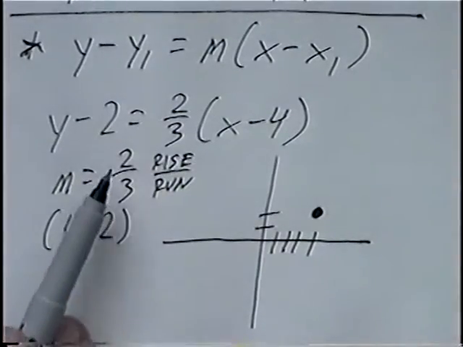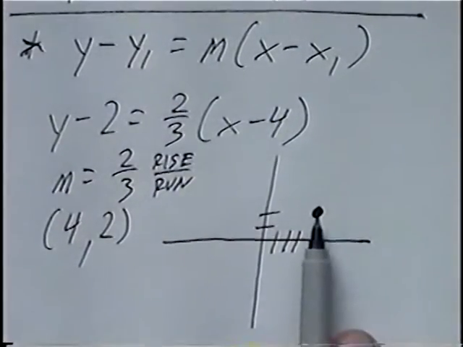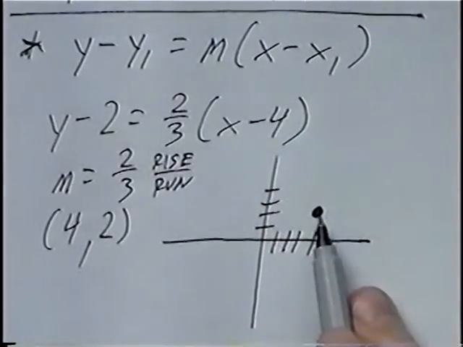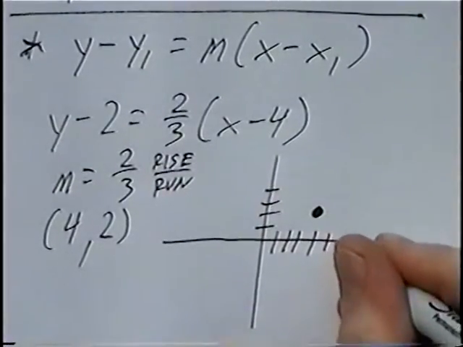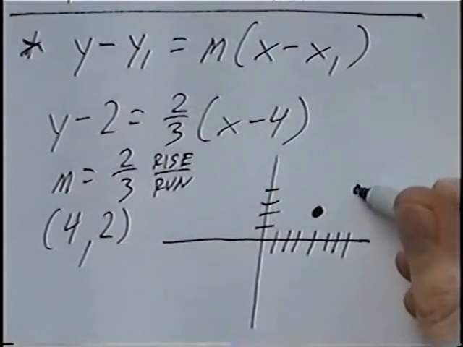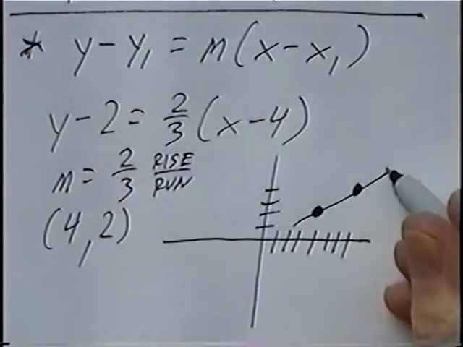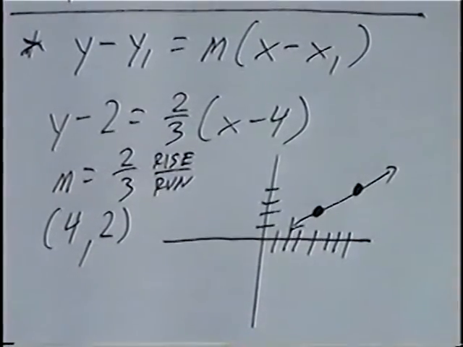So 2/3 will go up 2 spots, and to the right 3 spots. So up 2 and over 3 will be our second point. And we can take these 2 points, connect them, and that would be the graph for the equation.